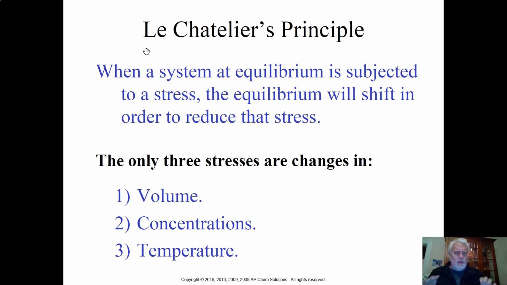The system will shift in order to kind of right itself and get back, and it will relieve that stress. So we're going to talk about 3 different scenarios where Le Châtelier's principle is applied.